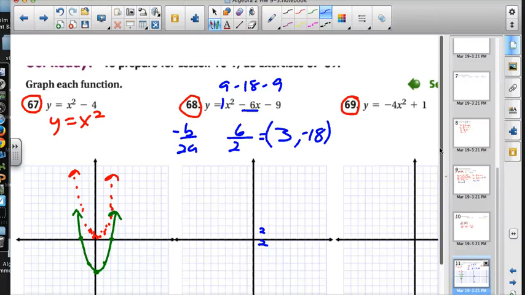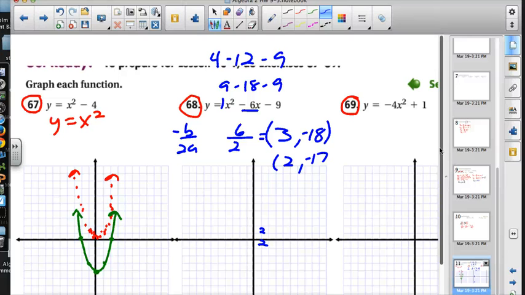So let me try 2. So I put 2 into the formula, and I will get 4 minus 12 minus 9. 4 minus 12 is negative 8. Negative 8 minus 9 is negative 17. So I'm not getting a whole lot of anywhere by putting that 2 in there and using symmetry.